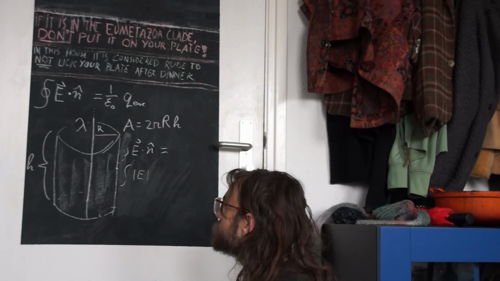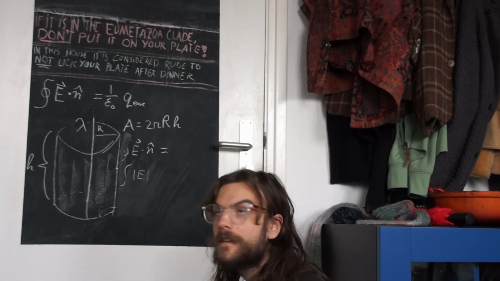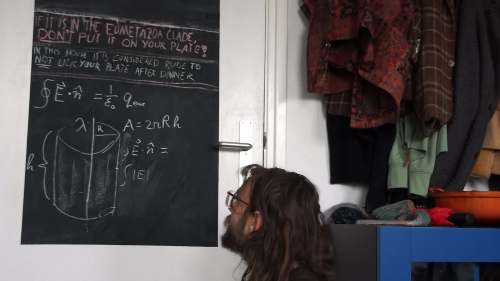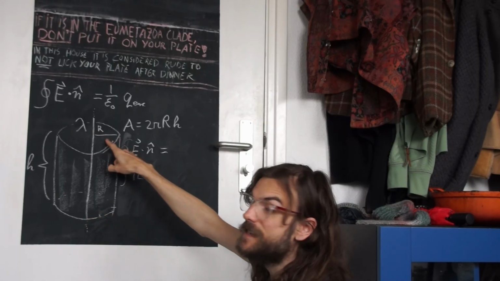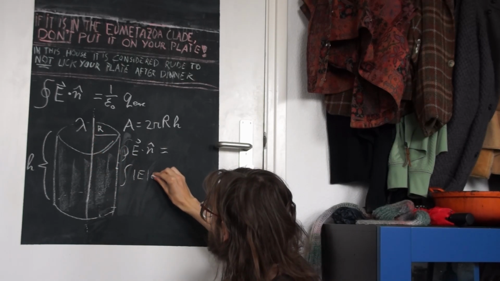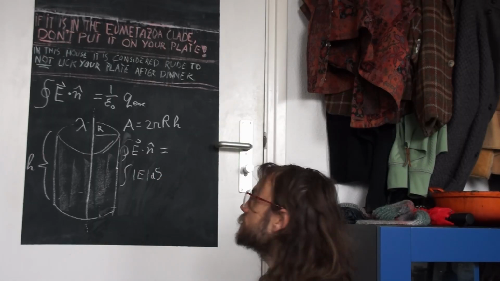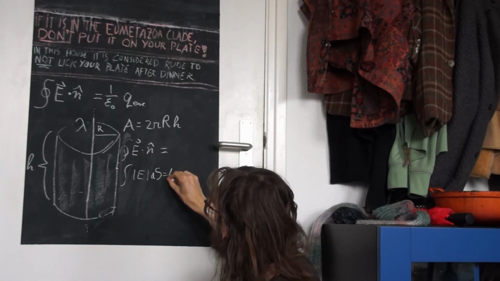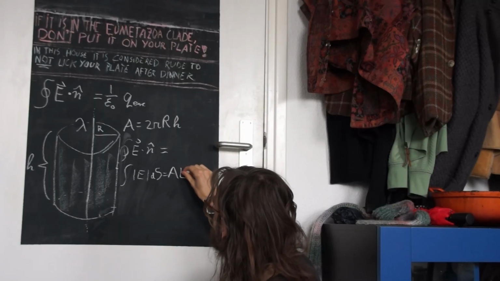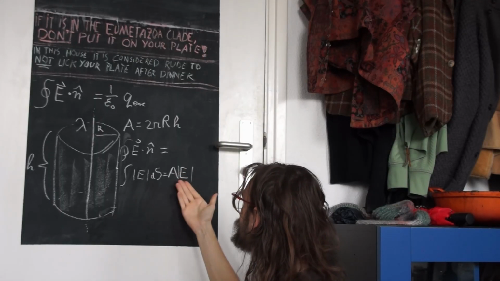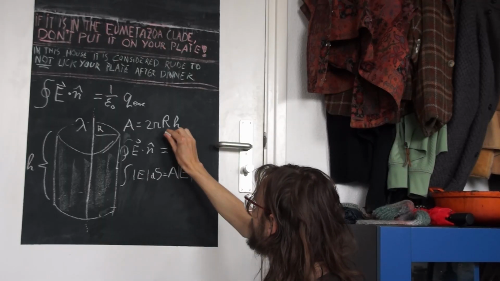We also already reasoned that our electric field at the same radius always has to be the same strength. So this surface integral here is just going to be equal to the product of our area with our electric field, because the integral of a constant is just the product. And we already know our area.